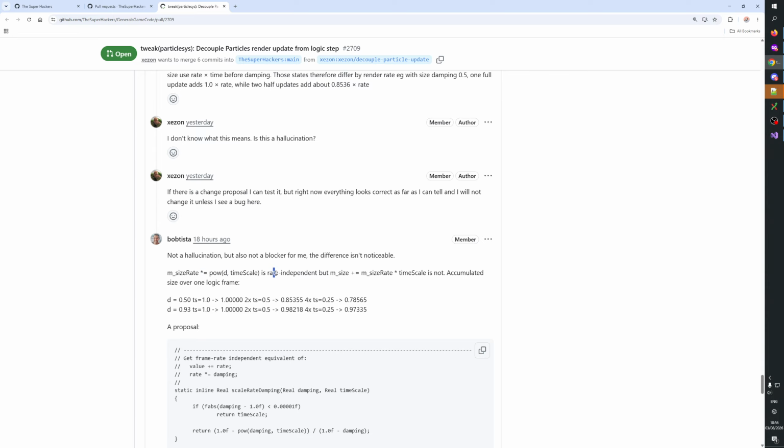Timescale is rate independent, but size plus size rate is not. Accumulated size over one logic frame. A proposal. Okay, so there is a proposal here.